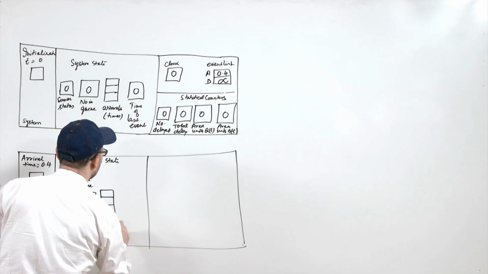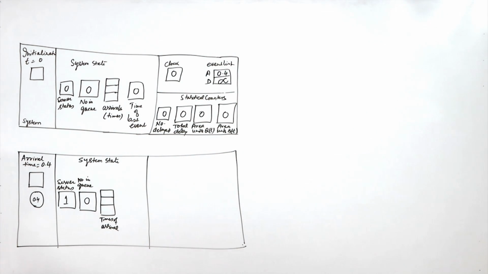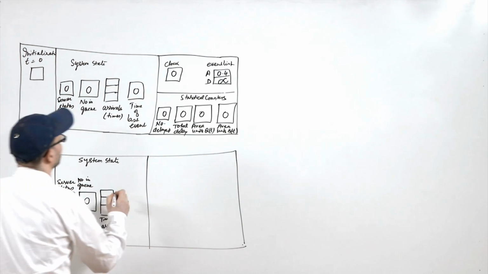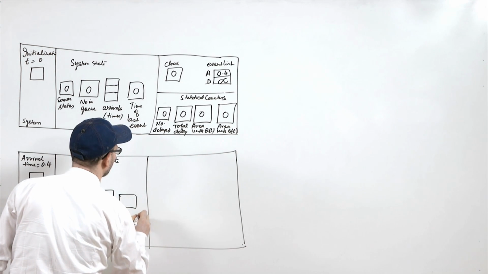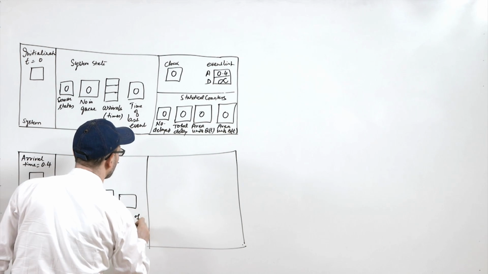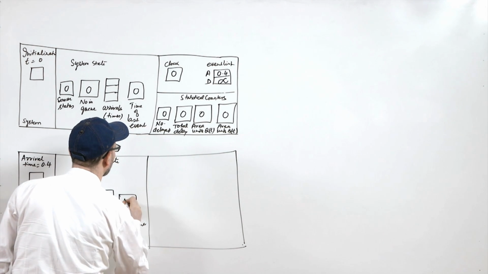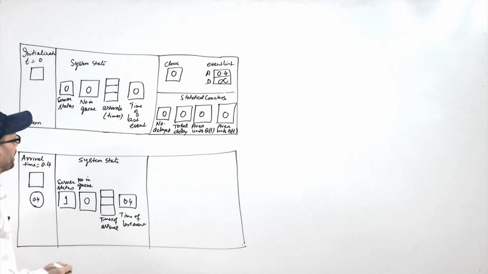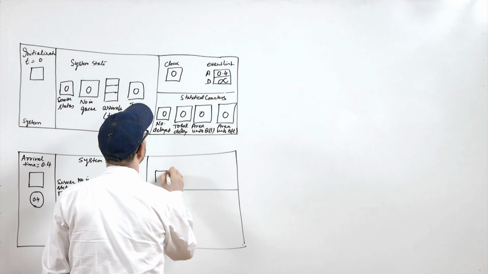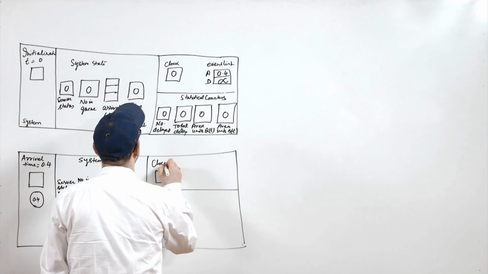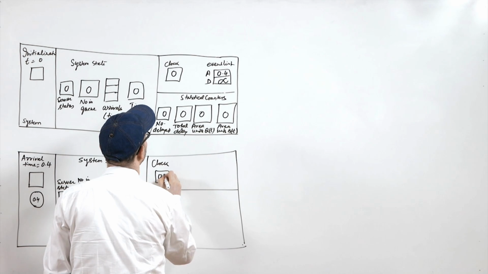The person who is already here has no other arrival; had there been another arrival, its time would come here. Time of last event will again be 0.4. Now, we come to the clock. The clock time is set as 0.4.